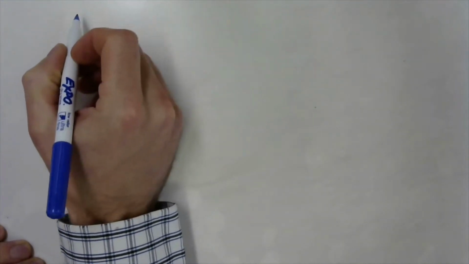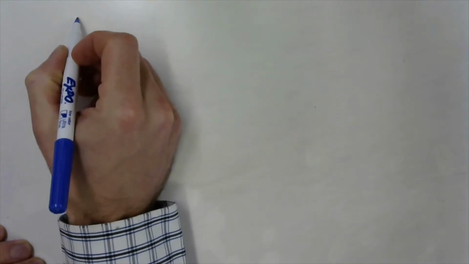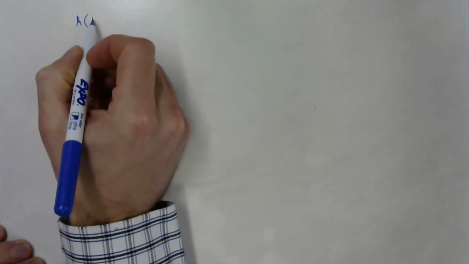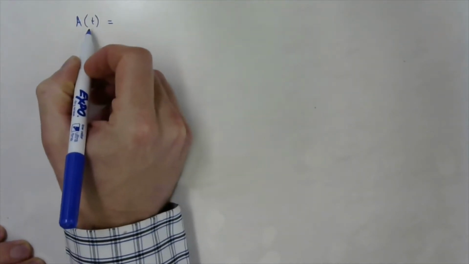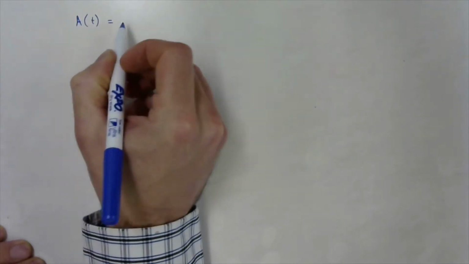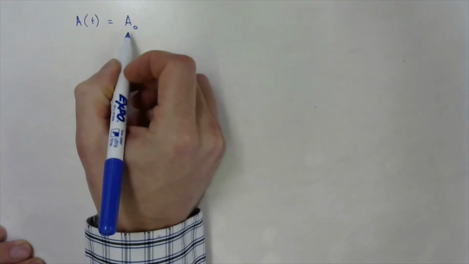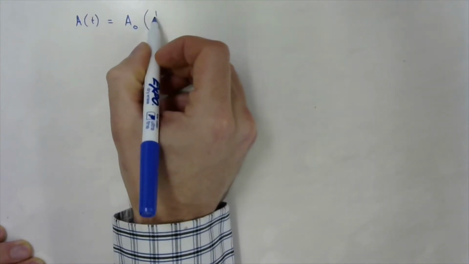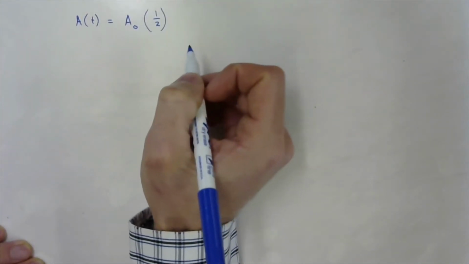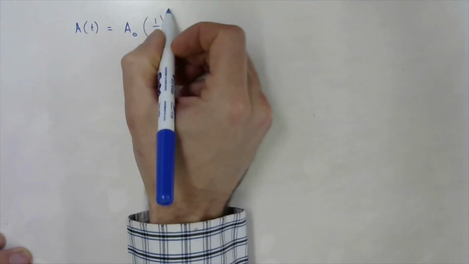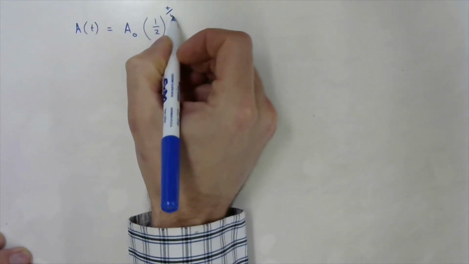So what we're going to do is use our equation for half-life, which is the amount with respect to t, the amount after a certain amount of time, is equal to the original amount, A naught, times 1/2 to the power of t over h.